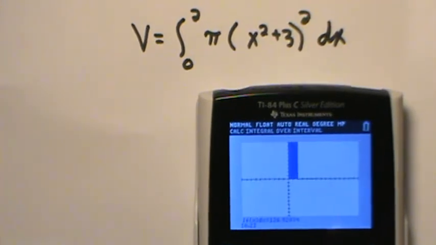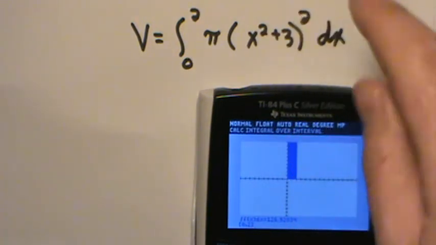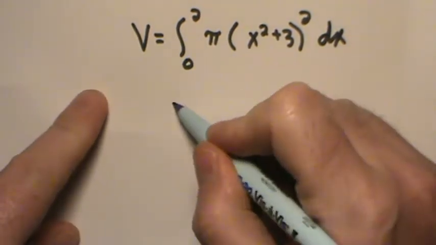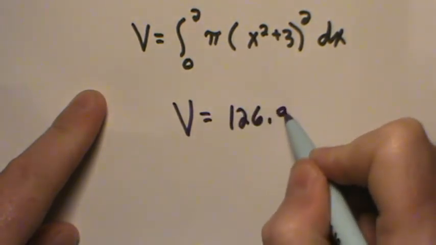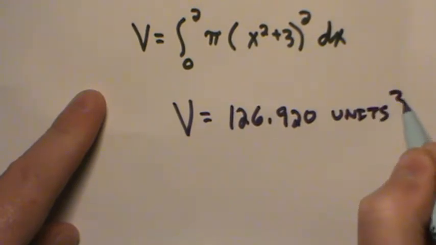And that's given me a volume. I noticed it didn't show a picture there. It means the graph is well above the screen there. I wasn't really worried about it. And it tells me my volume is equal to 126.920 units cubed.